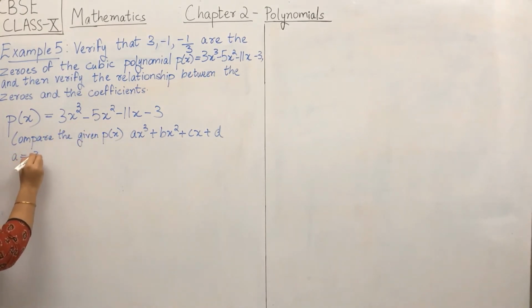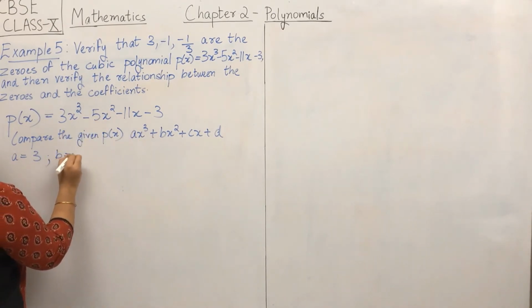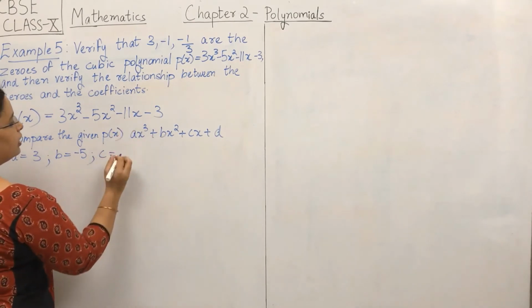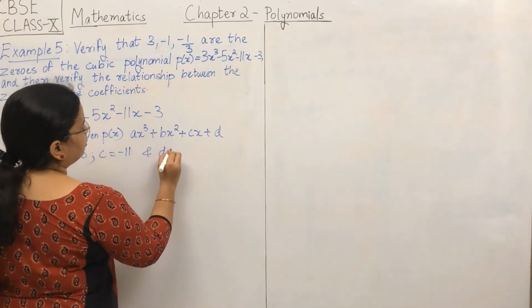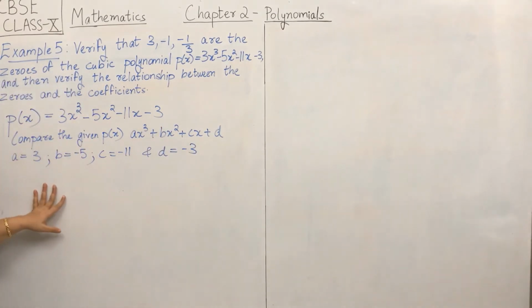A equals 3, b equals minus 5, c equals minus 11 and d equals minus 3. Okay, we just compared with the general equation. Now we can check whether the given numbers are the zeros of this given polynomial.